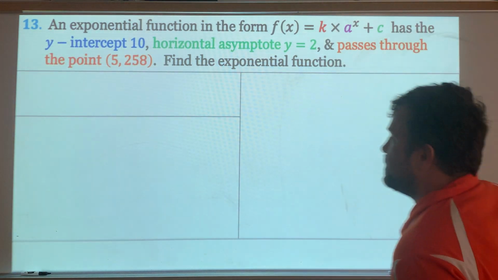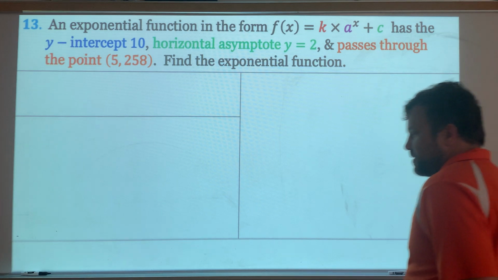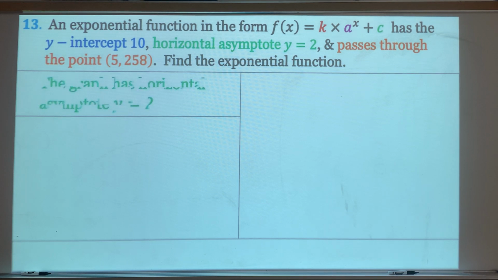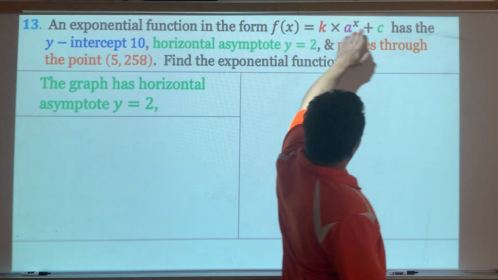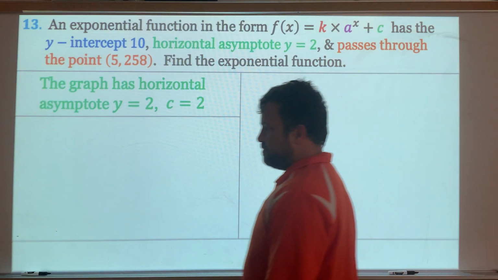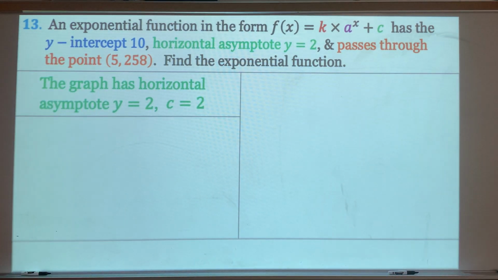Use all this information to find out what the function is. I am going to give you a hint. First thing, write down what the horizontal asymptote is. It is 2, right? So since it's 2, what can we figure out right away? We have to find out k, a, and x. We can find out c. So c equals 2. That was pretty easy. We got 2 right away.